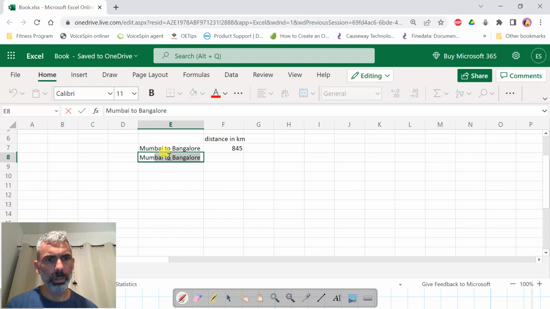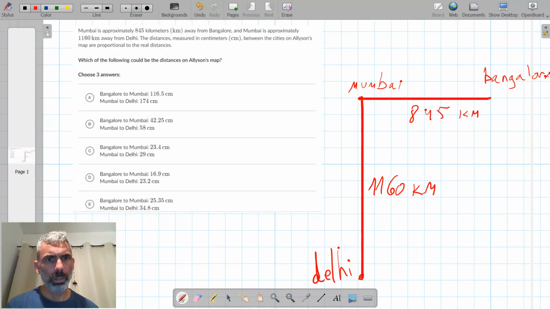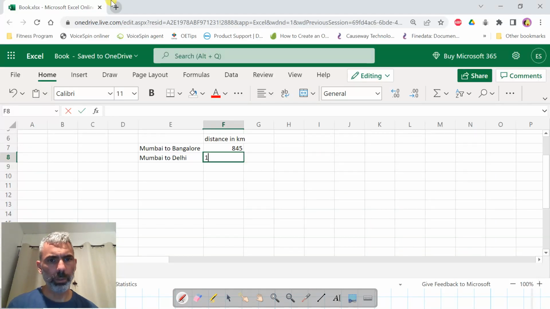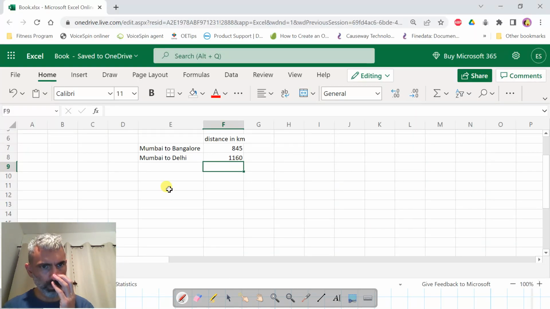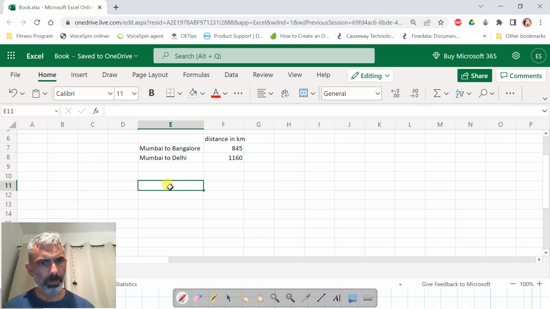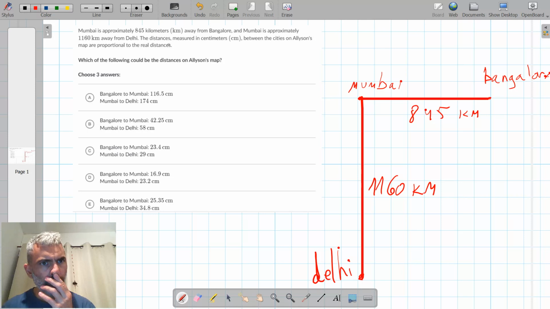And Mumbai to Delhi, the distance is 1160. Okay, option A: the distances measured in centimeters between the cities on Alison's map are proportional.